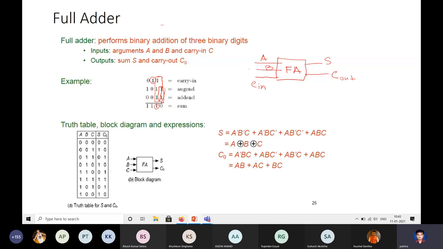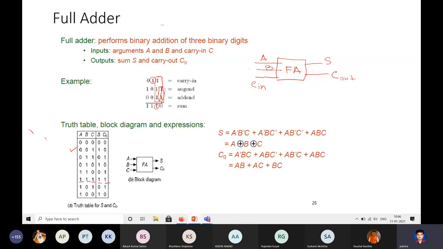Similarly, if input is 1, 1, carry in is also 1, sum is 1, and carry out is also 1. So this is the table for the full adder. And you can naturally see why I'm interested in this full adder, because I'll use this for adding n-bit numbers.